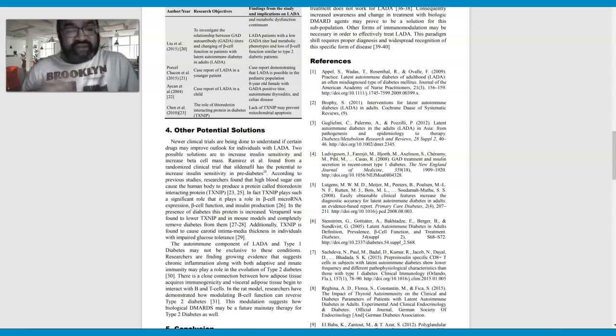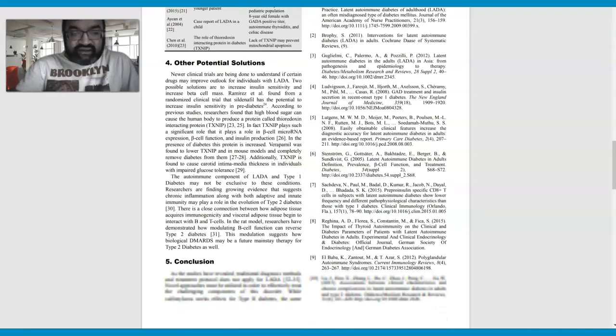The beta cells in the islets of Langerhans within the pancreas are the ones that release insulin. Once the autoimmune attack gets rid of those islet cells, beta cells, then we're in trouble. This leads to diabetes. So in the presence of diabetes, this protein is increased.